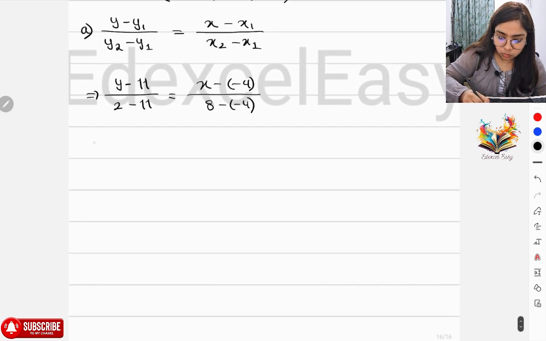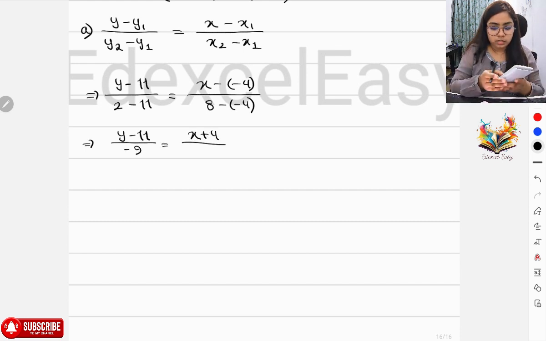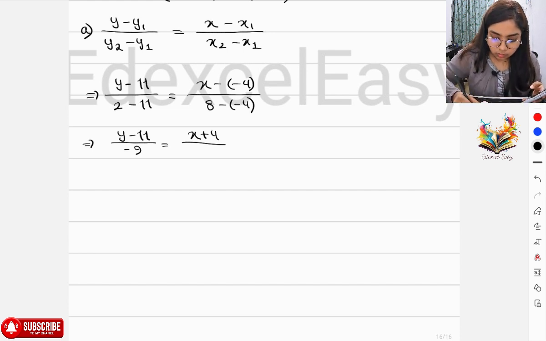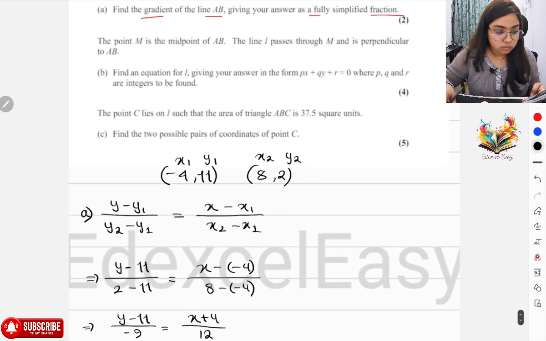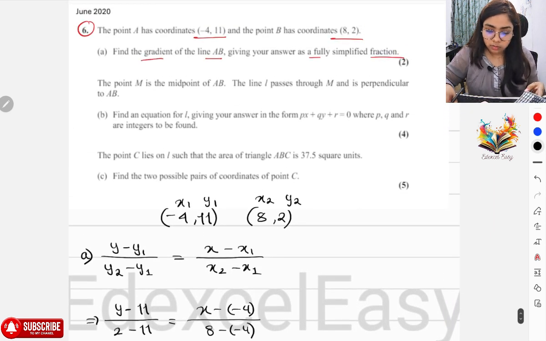That means y minus 11 divided by minus 9, and x minus 4 divided by 12. 8 minus 4 is positive 12, and 2 minus 11 is minus 9, right? So we take this 9 to the other hand side. Again, remember in what format they ask you to keep your answer in.